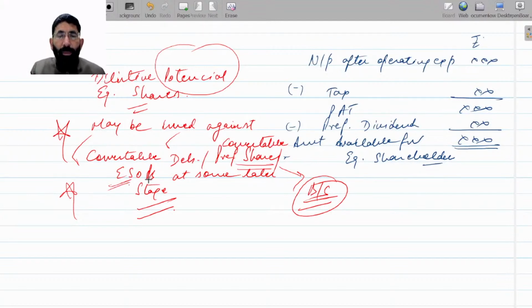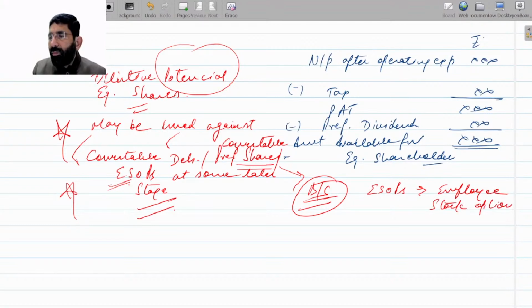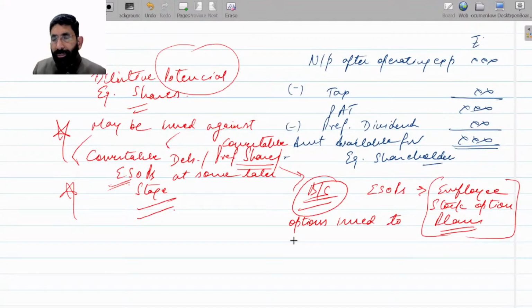In the same way, employee stock option plans are there, which have already been discussed with you. So what it is. These are named as options issued to the employees of the company.